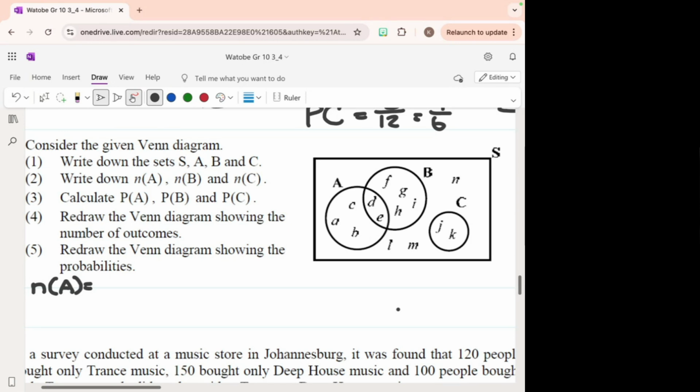In A, I've got 1, 2, 3, 4, 5 numbers that appear. In B, I've got 1, 2, 3, 4, 5, 6 numbers that are appearing. And my N of C is going to be 2 numbers that are appearing.